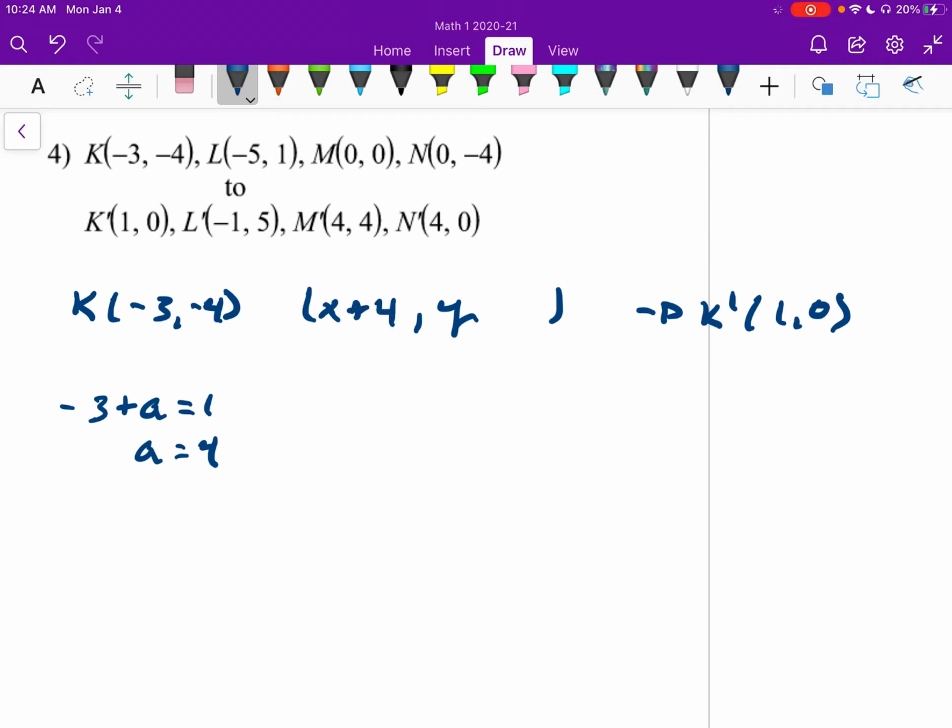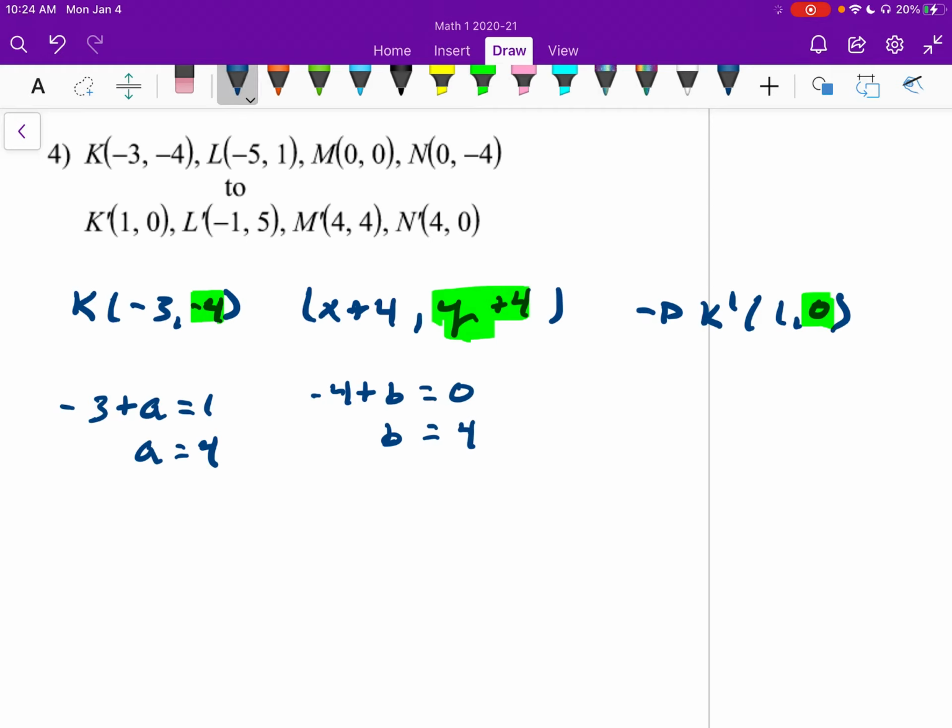Some people can just do that in your head. Some people would want it written down. For the y's, I look at my -4, and I can say, well, -4 plus, I'll use b this time, is going to be 0. So b is 4. If I plug that in there, I'll get 0.